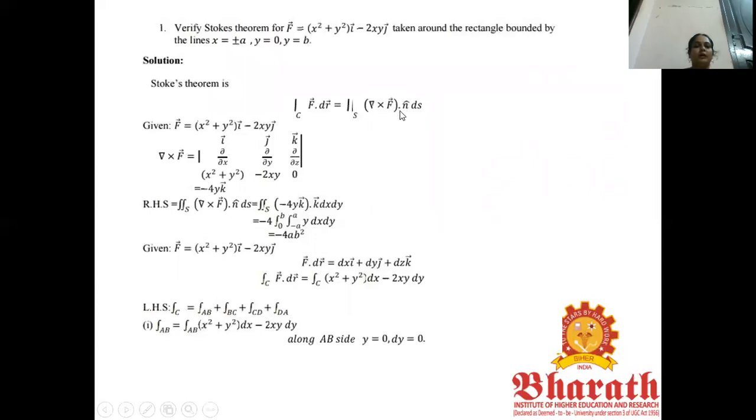First you have to calculate the right hand side because it consists of only a single part. F vector is given in the question. We have to find del cross F vector, which is equal to the determinant of i vector, j vector, k vector; then del, that is dou by dou x, dou by dou y, dou by dou z; then F vector, x square plus y square, minus 2xy.